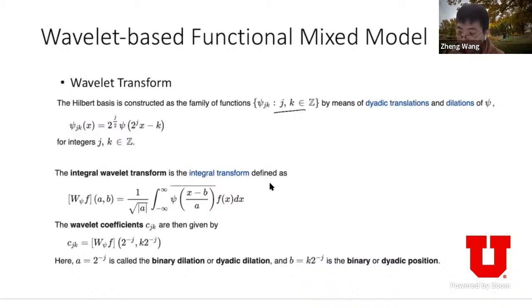Here, this one is a basis, which is indexed by the j and k here, and this function here is called the mother wavelet.